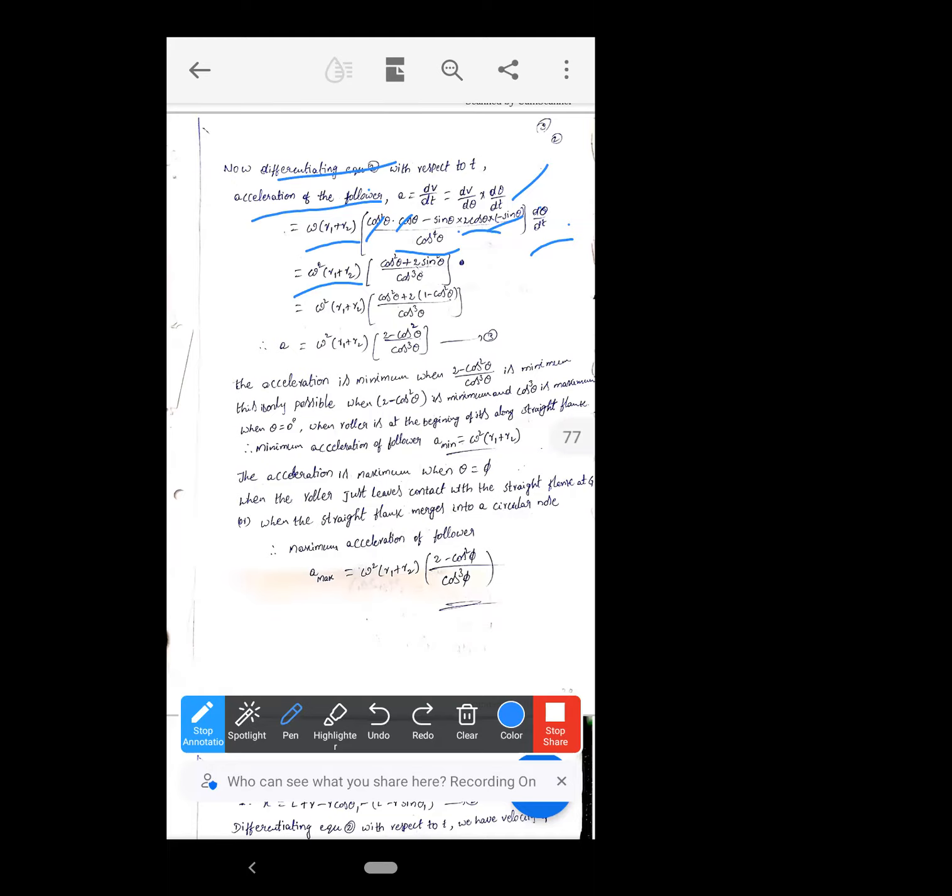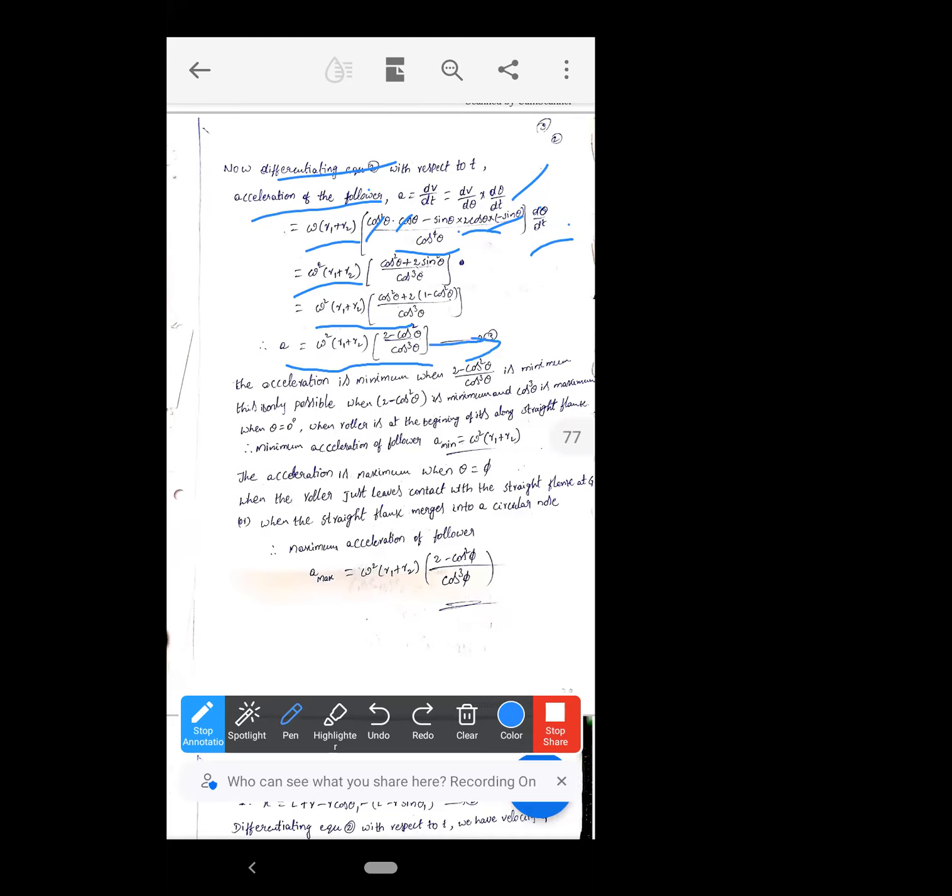So it is cos square theta plus 2 sin square theta. Simplifying again, cos square theta plus sin square theta is 1, so sin square theta is 1 minus cos square theta. So a equals omega square into (r1 plus r2) into (2 minus cos square theta) by cos cube theta. This is equation number 3.